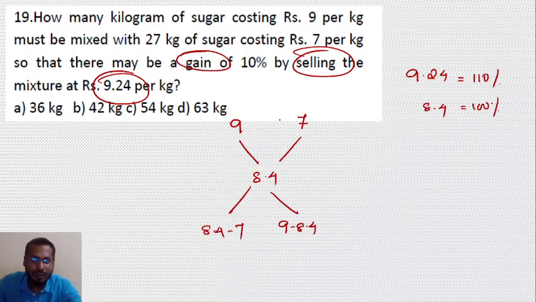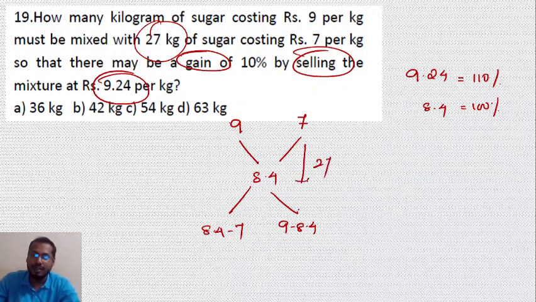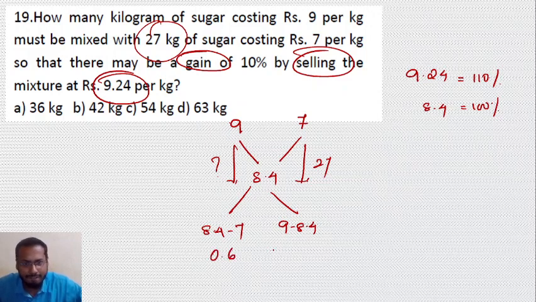And here one side they say 27 kg of sugar costing 7 rupees, mixed with, so this is 27. That's what the question is. Right, now solve this. 7, 8.4, 6. Correct, and here 1.4.